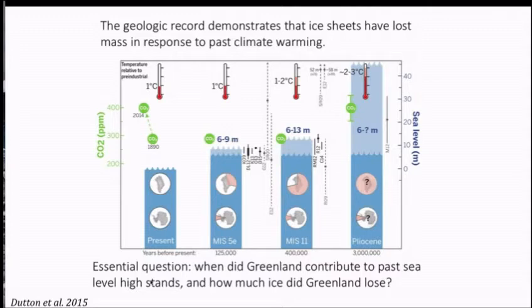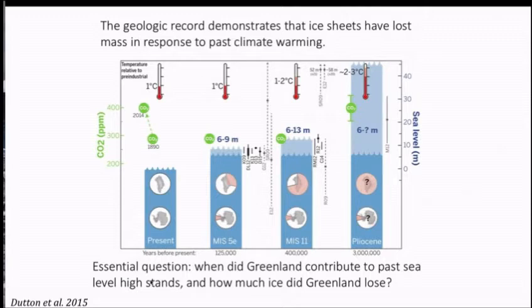This is showing 4 different periods: the present day, the Eemian, 125,000 years ago, marine isotope stage 11, 400,000 years ago, and the warm Pliocene, 3 million years ago, which you can see have sometimes different concentrations of CO2, generally relatively modest global temperature perturbations above modern, but quite large responses from our ice sheet.